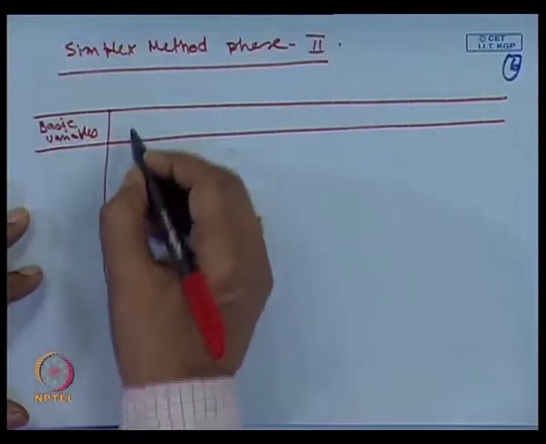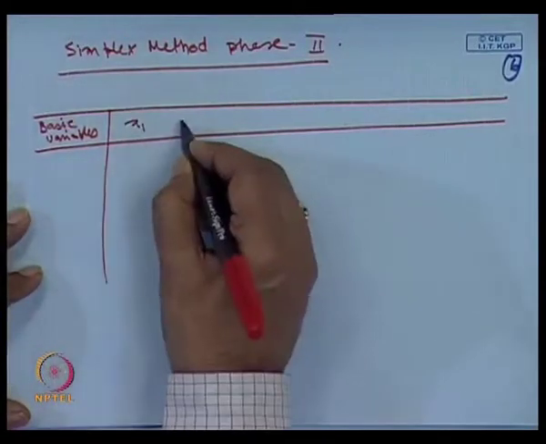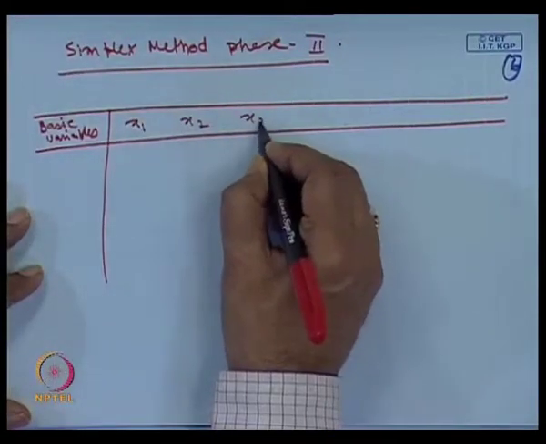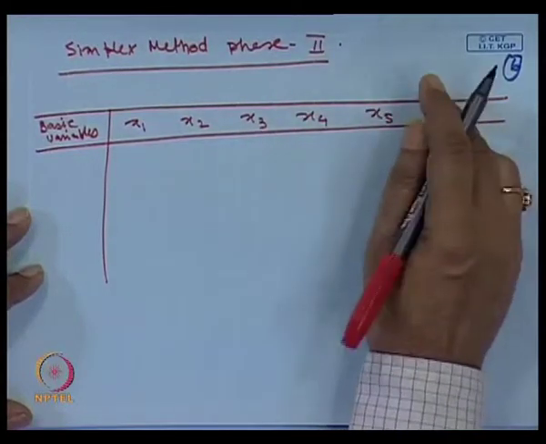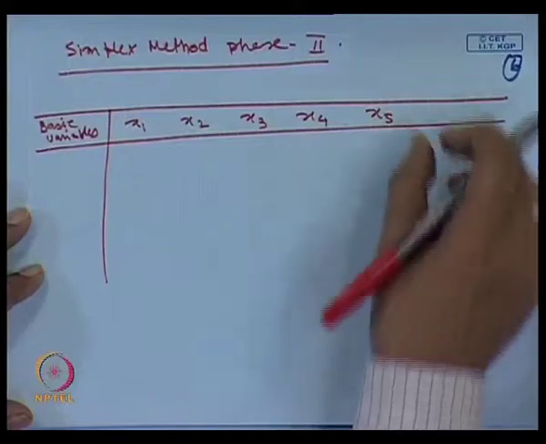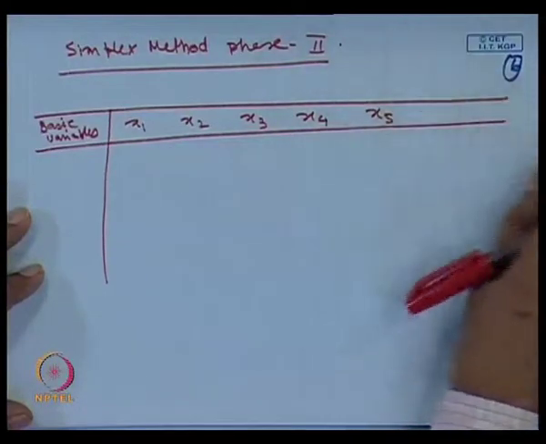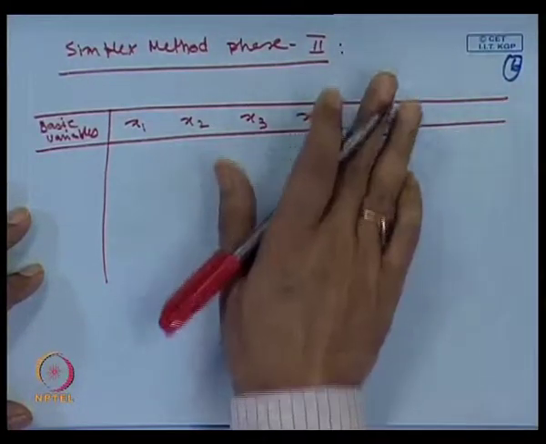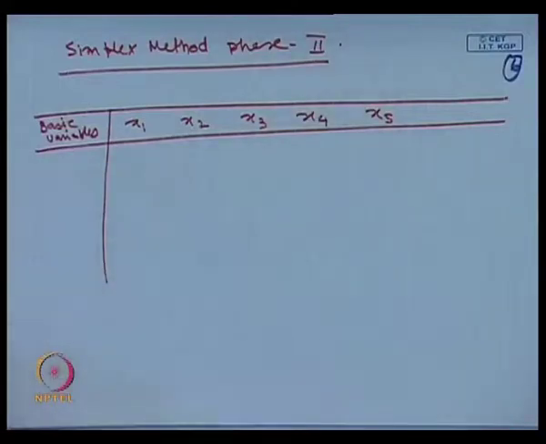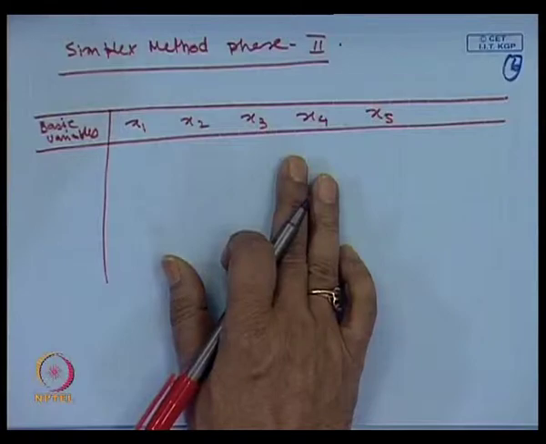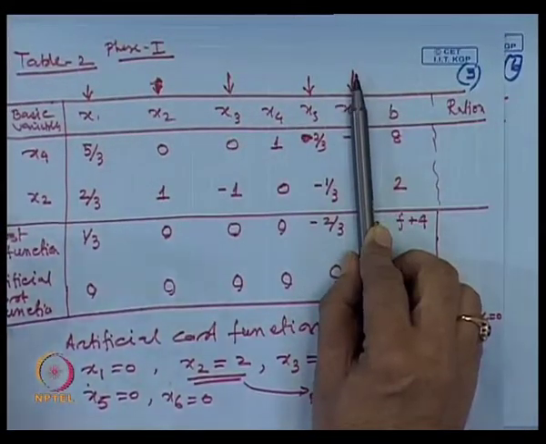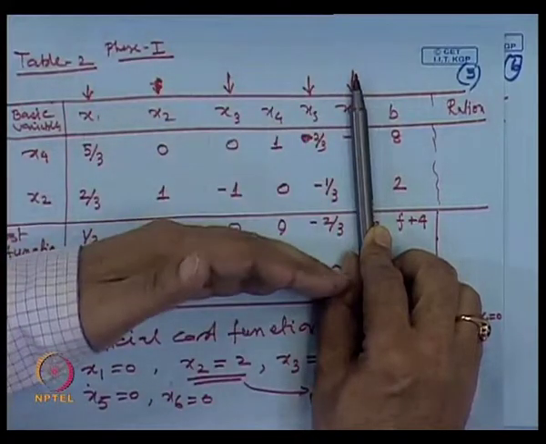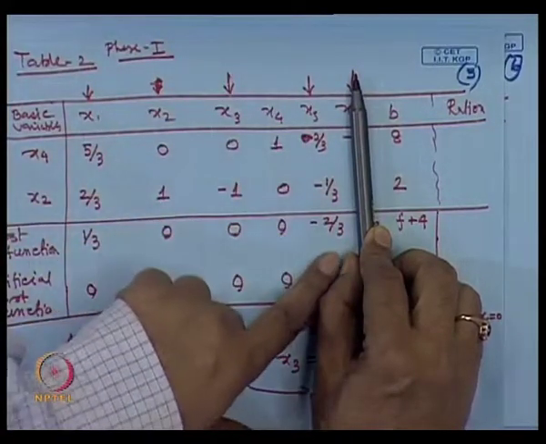Let us see: x1, x2, x3, x4, x5; x6 will not be included in the table. Even if you include it in the table, ignore all its operations from now onwards. So our last table, if you see, I am reproducing here, omitting the last column as well as the artificial cost function.